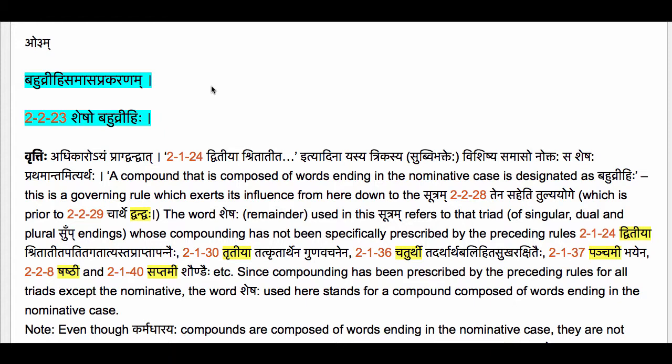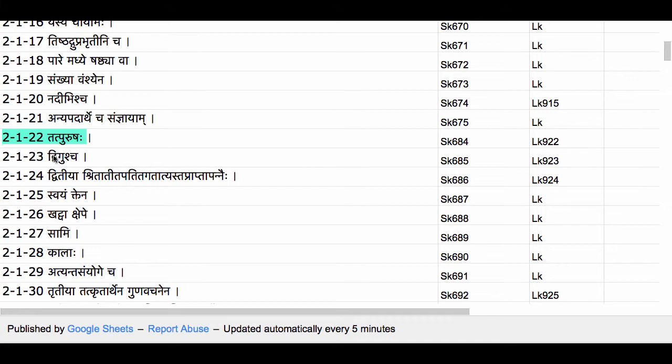Okay, with that small introduction, let us now turn our attention to the section in the Ashtadhyayi which prescribes bahuvrihi compounds. As we already know, compounds are prescribed in the Ashtadhyayi in the first two quarters of the second chapter.